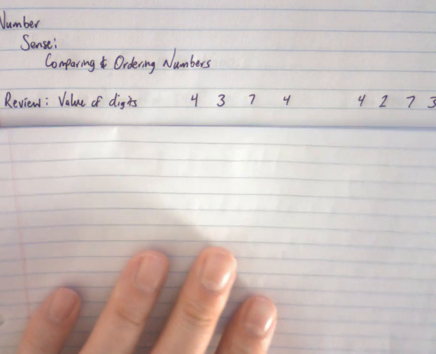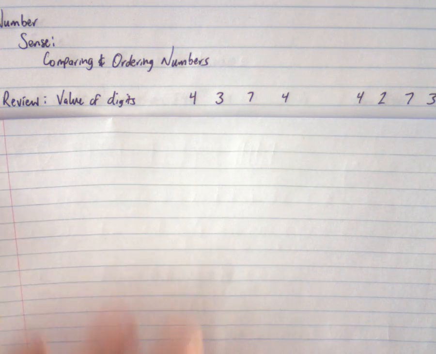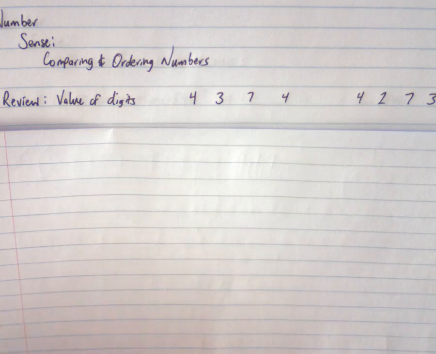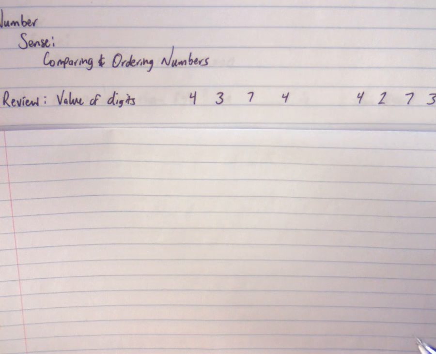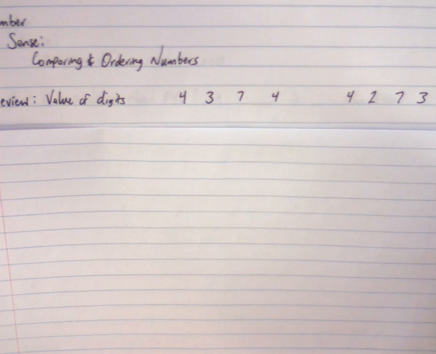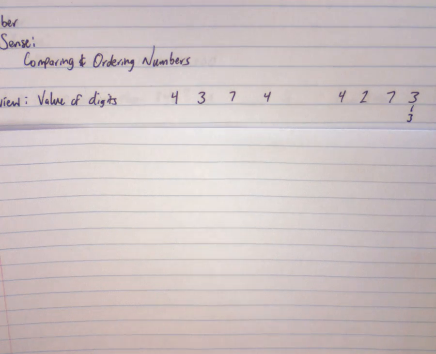So just as a little bit of a review, we want to review the value of the digits. Remember, not what place value it's in, so not ones, tens, hundreds, thousands, but the number value of these digits. If we look at the 3, its value is 3.